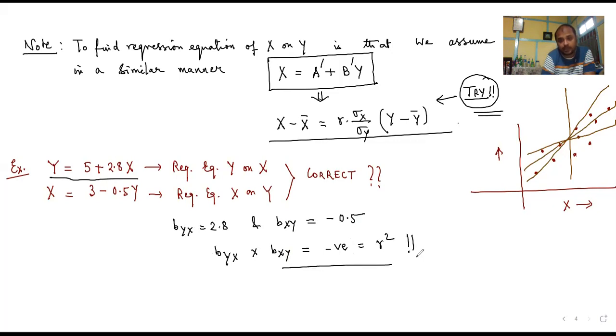This is very absurd. So the statement about these two lines of regression, that one is y on x and another is x on y, is actually not correct. That is how you can analyze things with the help of regression equations. We are going to continue in the next class.